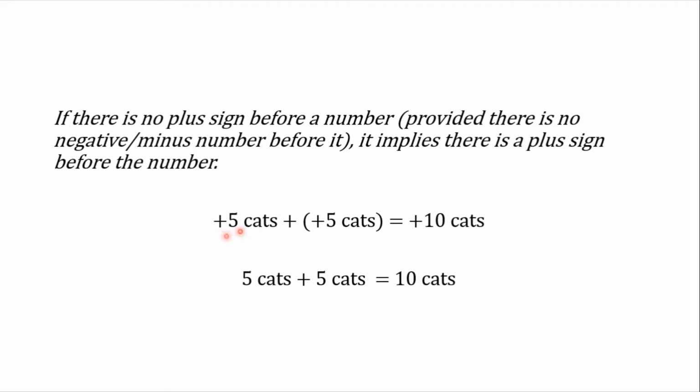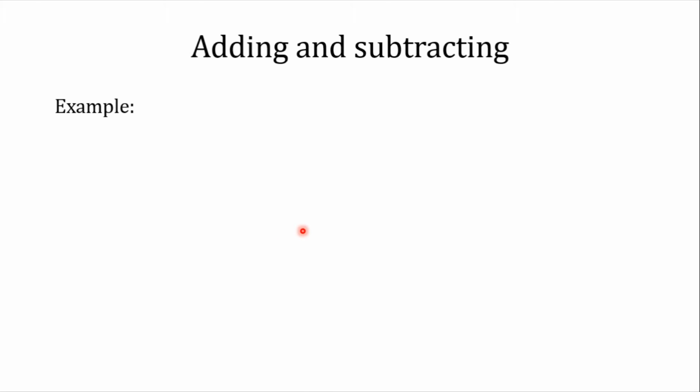So for example, plus 5 cats plus 5 cats equals plus 10 cats. There's actually no need to write the plus signs. You can simply write 5 cats plus 5 cats equals 10 cats, or 5a plus 5a equals 10a.